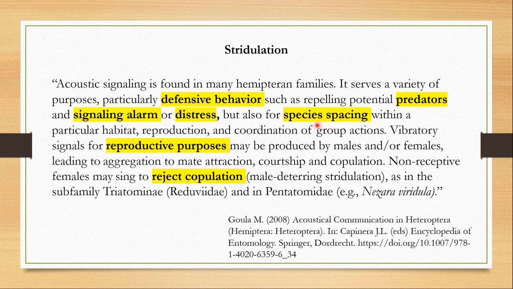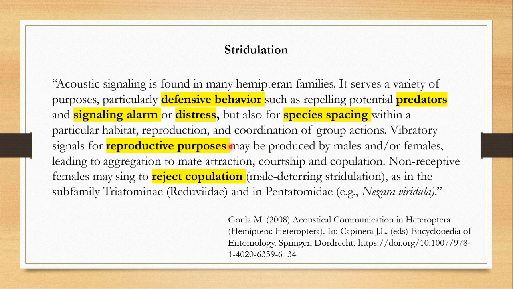It can also be symbolic of territoriality, that if one species is making the sound in one territory, then the other species would avoid that territory. And there can be vibratory signals for reproductive purposes, which may be produced by males and or females, leading to aggregation, to mate attraction, courtship and copulation.